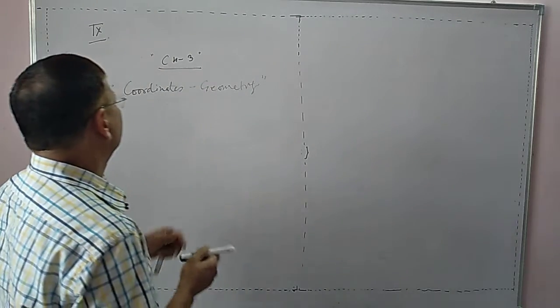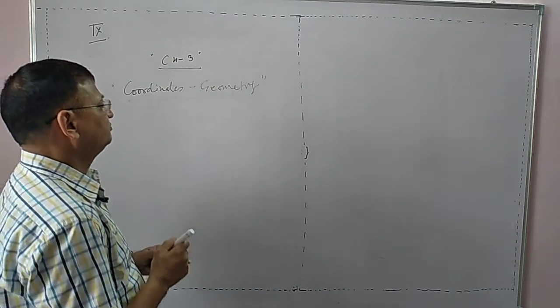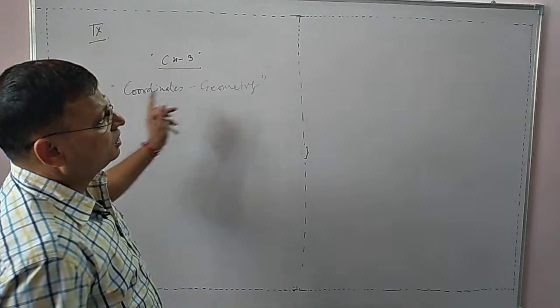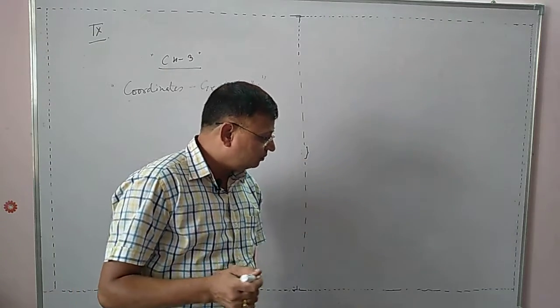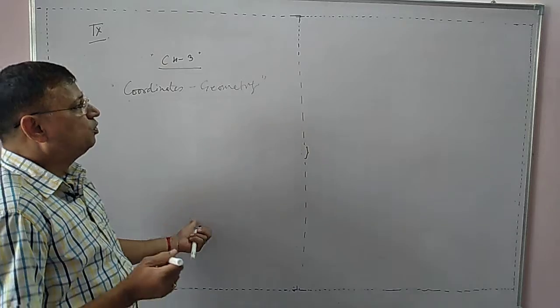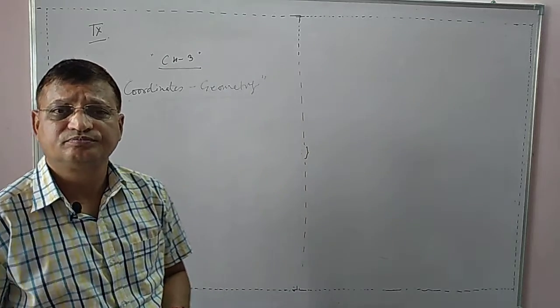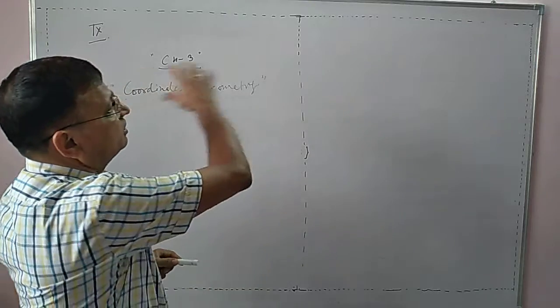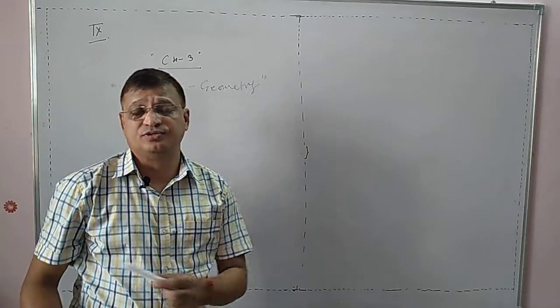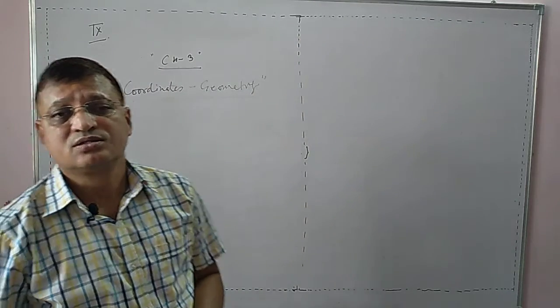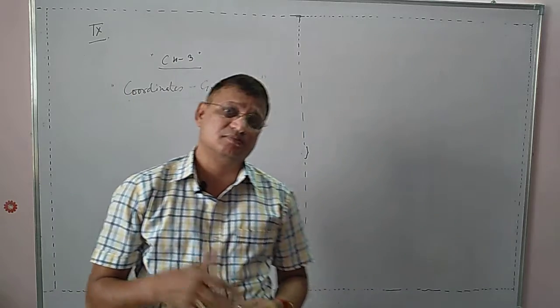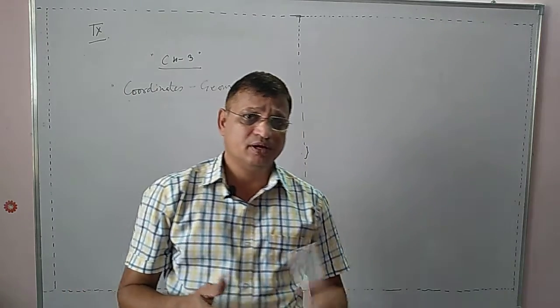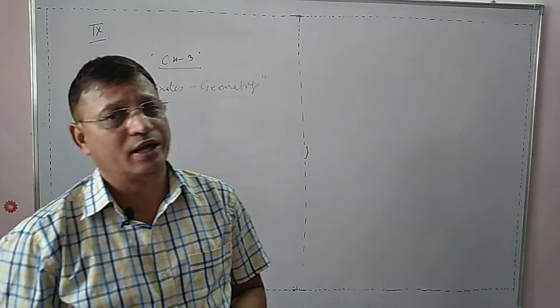Now, what is the introduction of coordinates? Here this board is a two-dimensional figure because it is a rectangular figure, because its length and breadth are given. Some figures are two-dimensional, some are three-dimensional, but here we discuss only the two-dimensional.